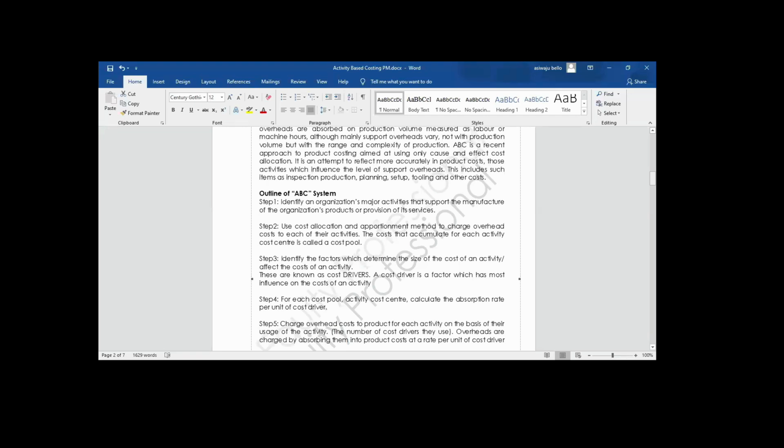That happens in step 2. Look at step 1, identify the major activities of the company. Step 2, determine the cost of each activity. The process of determining the overhead cost of each activity is what we call the cost pool.